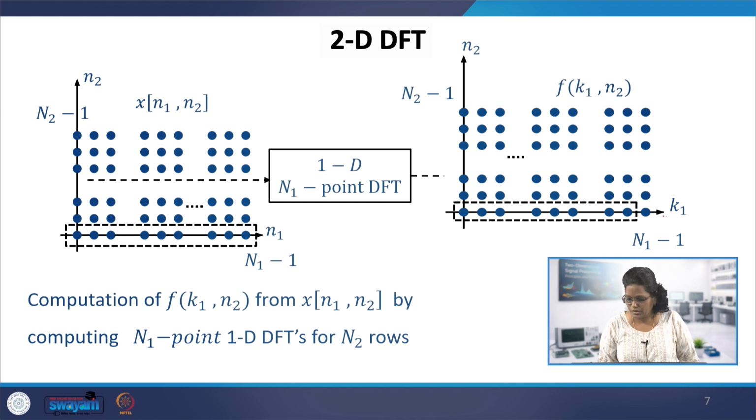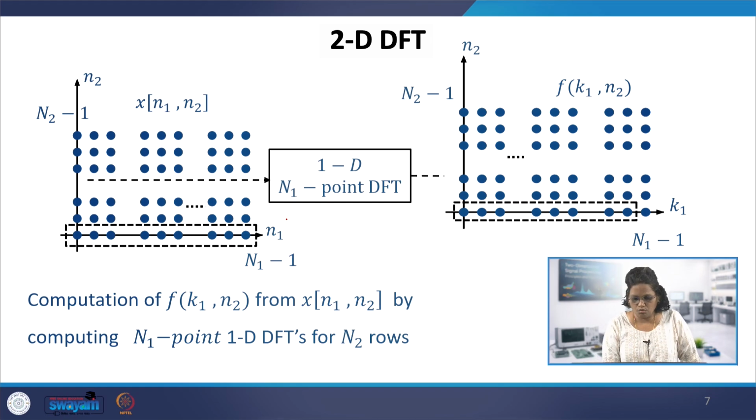Here k1 is 0, and then for the next one we take the second row, compute the n1 point DFT and put it over here as the second row, and then move to the next row. Likewise we get these rows appended in the y direction, that is the n2 direction.